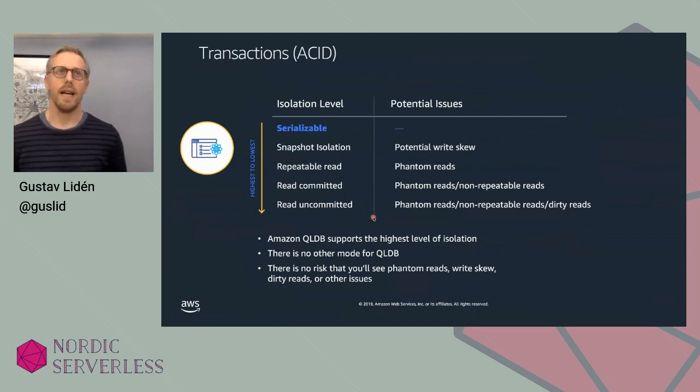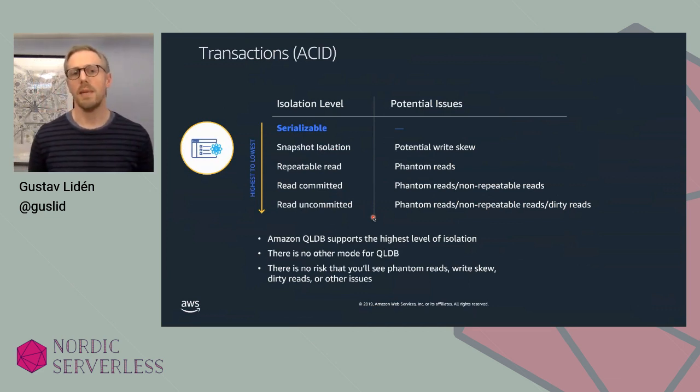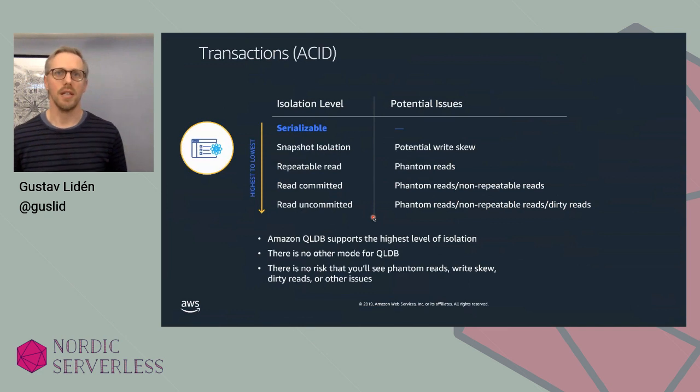That isolation level basically means that you will never see any phantom reads or any artifacts that you can sometimes otherwise see in databases if you are using lower level isolation.